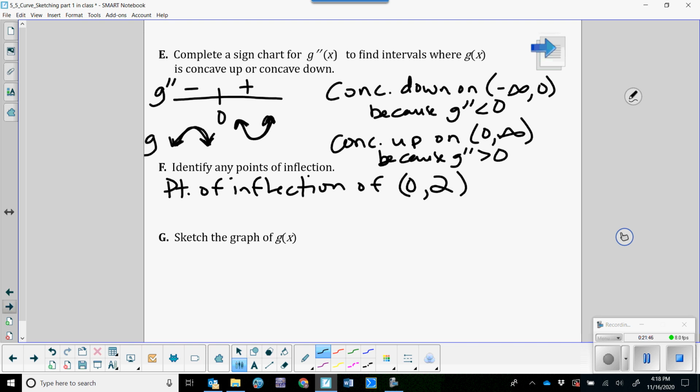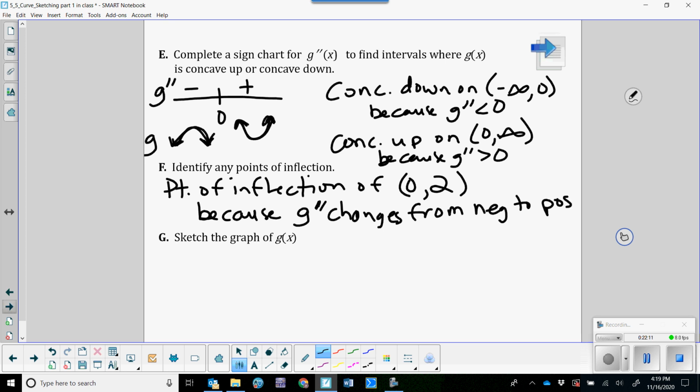So I have a point of inflection at 0, 2. And the reason it's a point of inflection is because g double prime changes from negative to positive. Or you could say g changes from concave down to concave up.